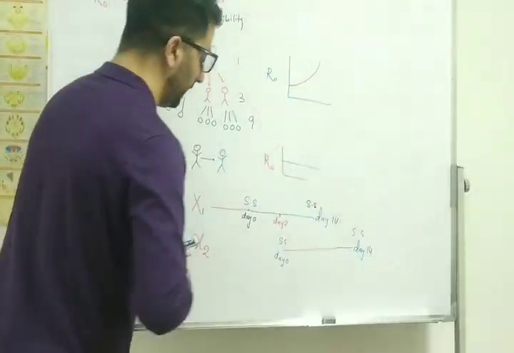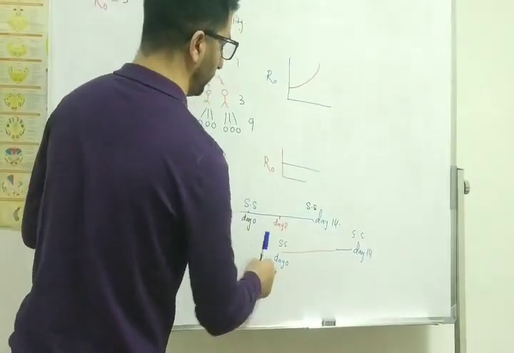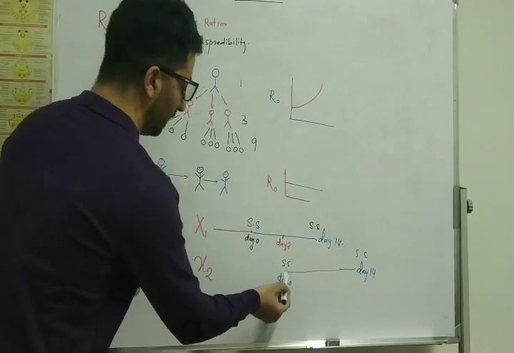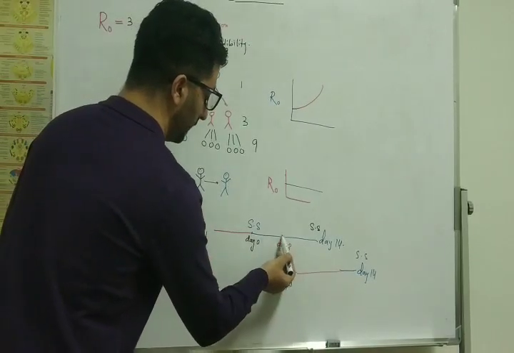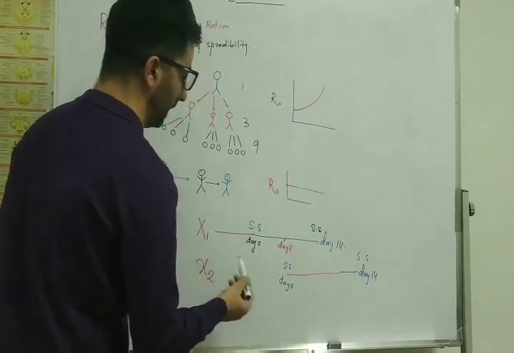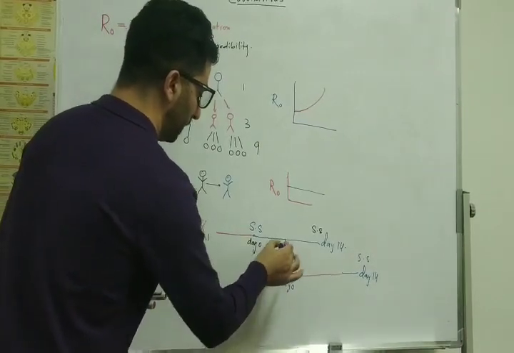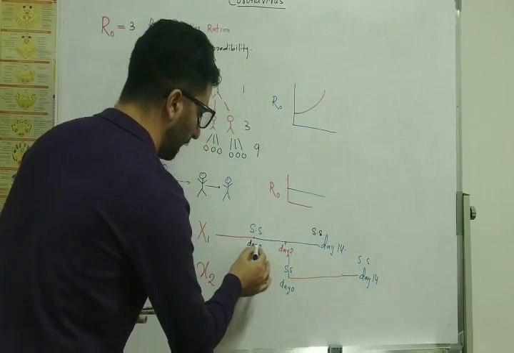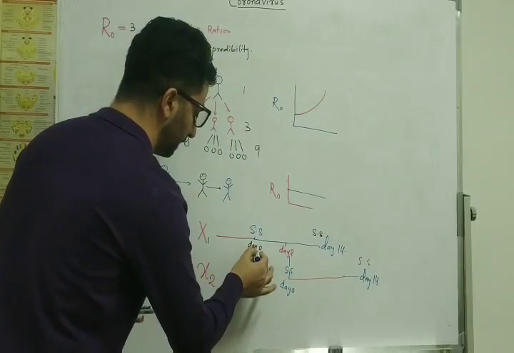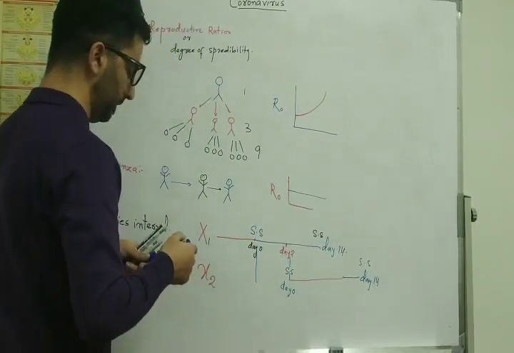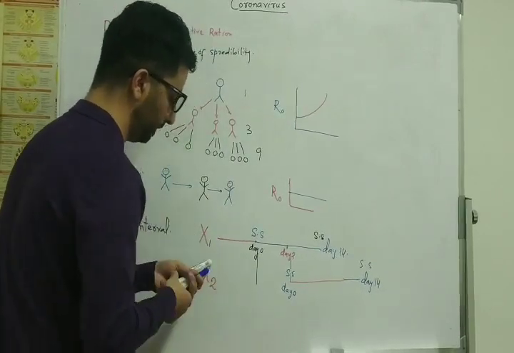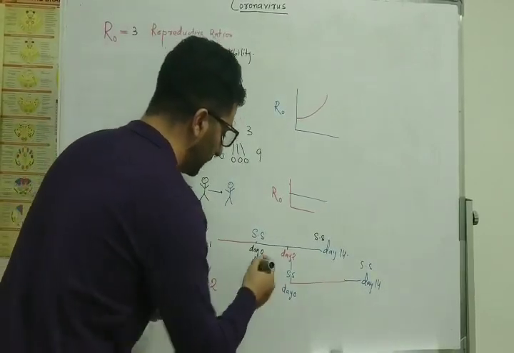So D0 to D14 was the symptom period for this patient. From D0, or D2 for patient 1, there is a gap. For example, if we join this and join this, there is a gap between patient 1 and patient 2.